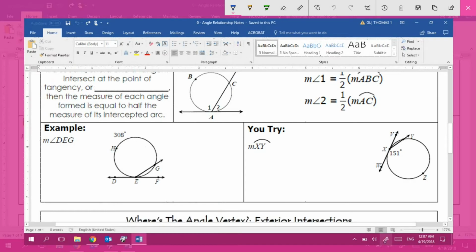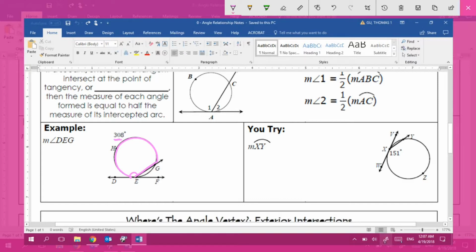In our first example, measure of angle DEG. They want us to find DEG. So first, let's take a look at where that is. D to E to G. That's this angle right here. Okay, now that I know that's the angle right there, I'm imagining that my pizza's been cut into 2 extremely unfair shapes. So there's my angle right there, and this part of the pizza is right, bam. That's 308 degrees.